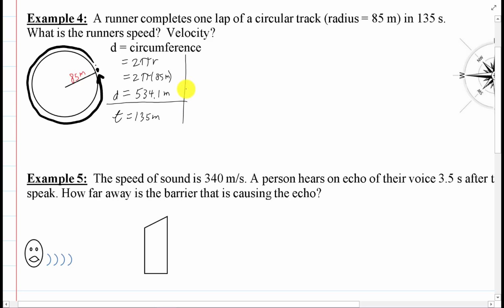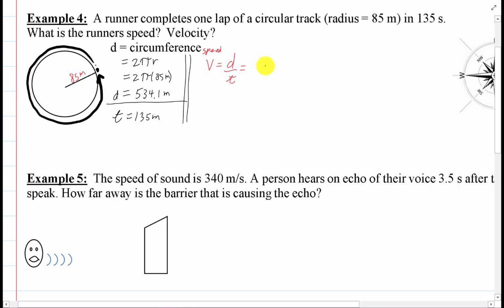So what formula are we going to use? Well, the only one that we really have in this chapter is V is equal to D over T. Now, if D is displacement, then V is velocity. If D is distance, then V is the speed. So we're going to do the speed first.